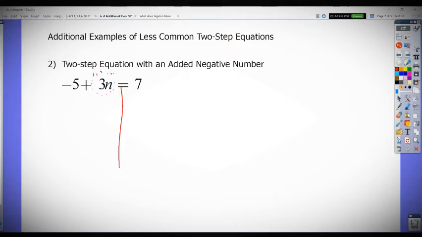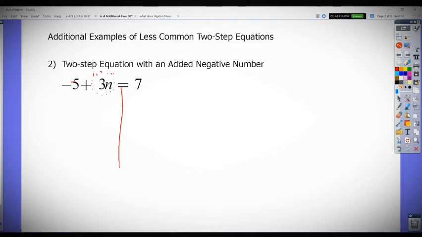And so that means I need to get rid of this minus 5. Well, how do I make negative 5 go to 0? You might be tempted to subtract 5 because there's a plus here. But if you just subtracted 5 from negative 5, you wouldn't get 0. You would get negative 10.